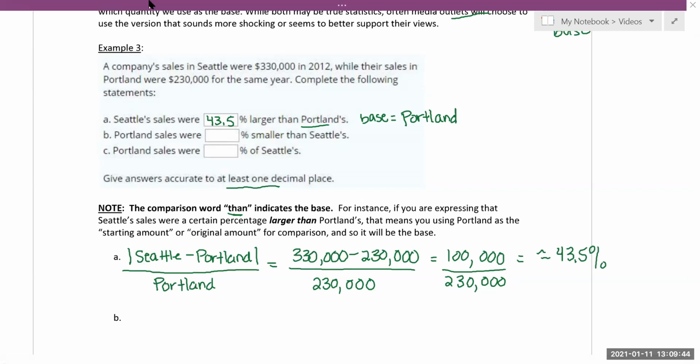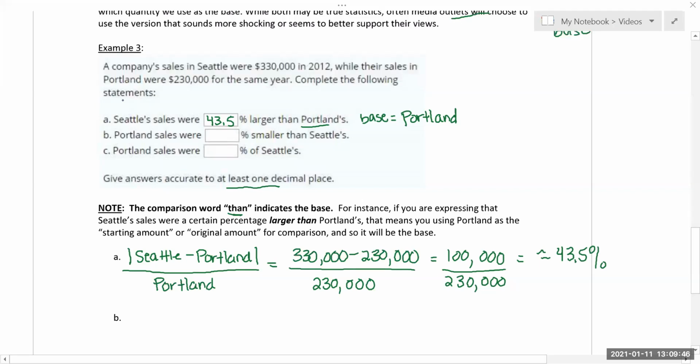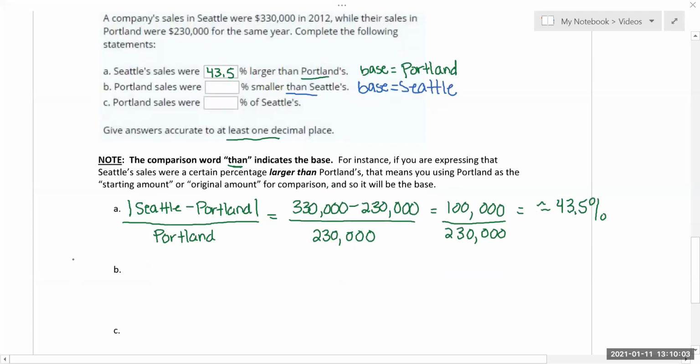However, if you're Portland, you may want a slightly different approach. Well, hold on, our sales were only this much smaller than Seattle. So the "than" now means that we're going to compare to Seattle. So for our formula down here, we're going to flip it. It's going to be Portland minus Seattle over Seattle this time.